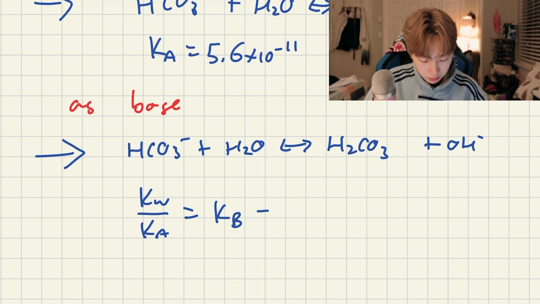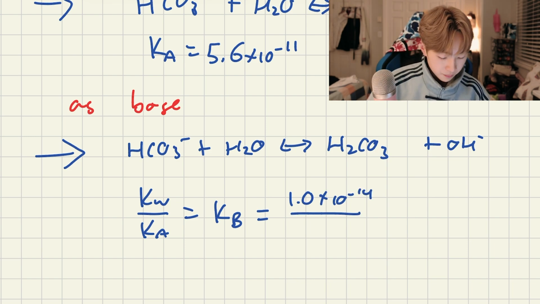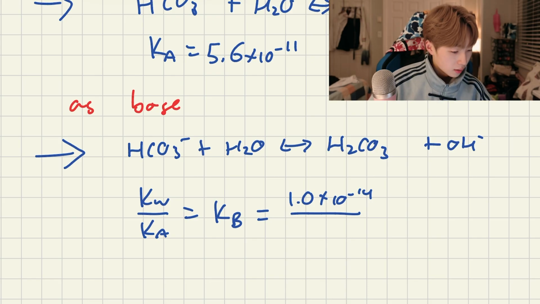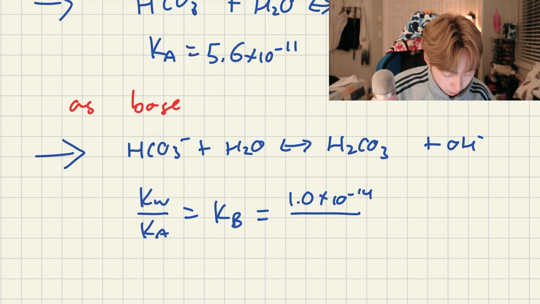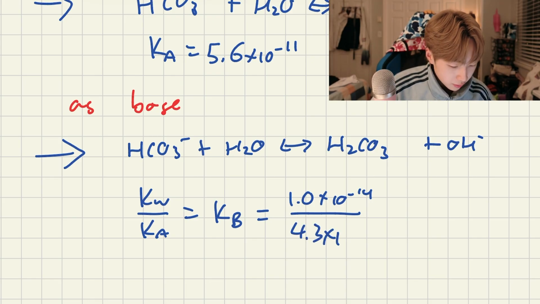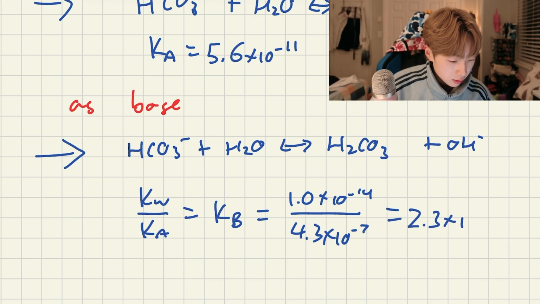And that's equal to 1.0 times 10 to the negative 14 over the Ka of the conjugate acid. That's going to be 4.3 times 10 to the negative 7. And this will give us 2.3 times 10 to the negative 8.